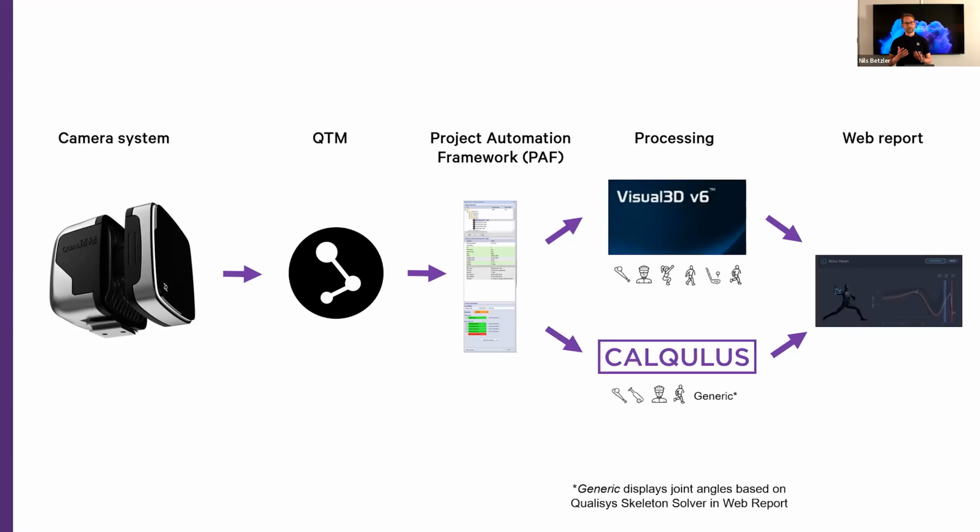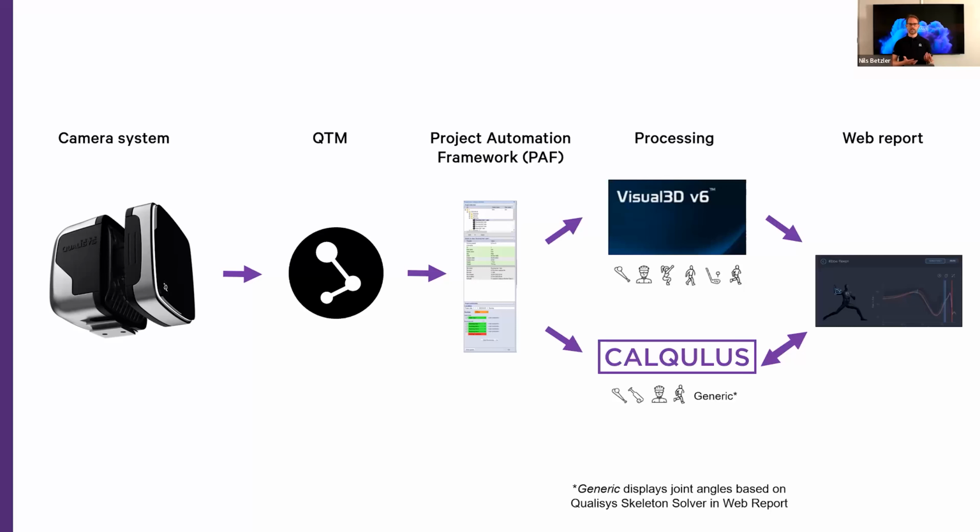In this case, we are running the Calqulus module, which means that the data went directly from QTM into the cloud where the processing was done. And then it was, again, creating the same web report as before. And because the data is in the cloud, the skeleton data and the web report as well, they are connected.